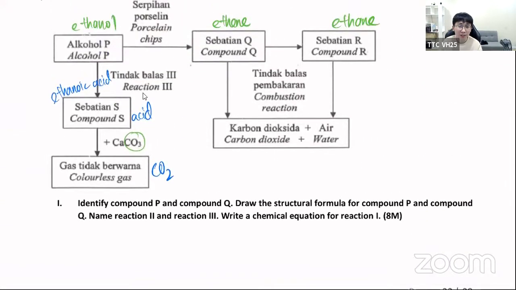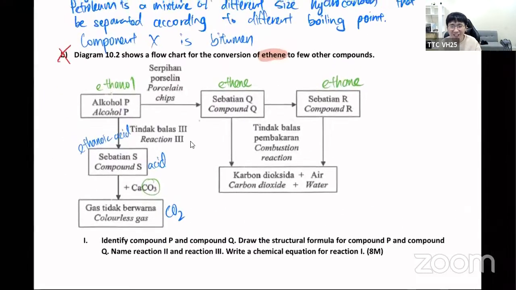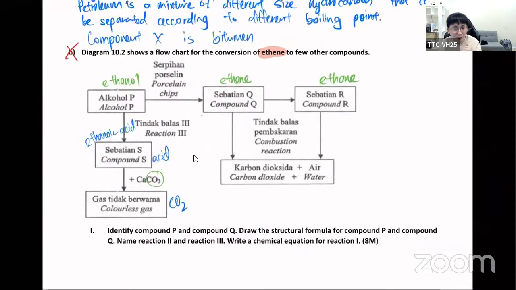Oh, reaction 3 is oxidation, because alcohol to acid is oxidation. From what I see here, this is the normal way to do it. But they never tell me what's reaction 2. They never even label reaction 2. They never even label reaction 1. So I cannot do it if the question is missing everything. So guys, I think this question got a mistake. This is why he skipped.